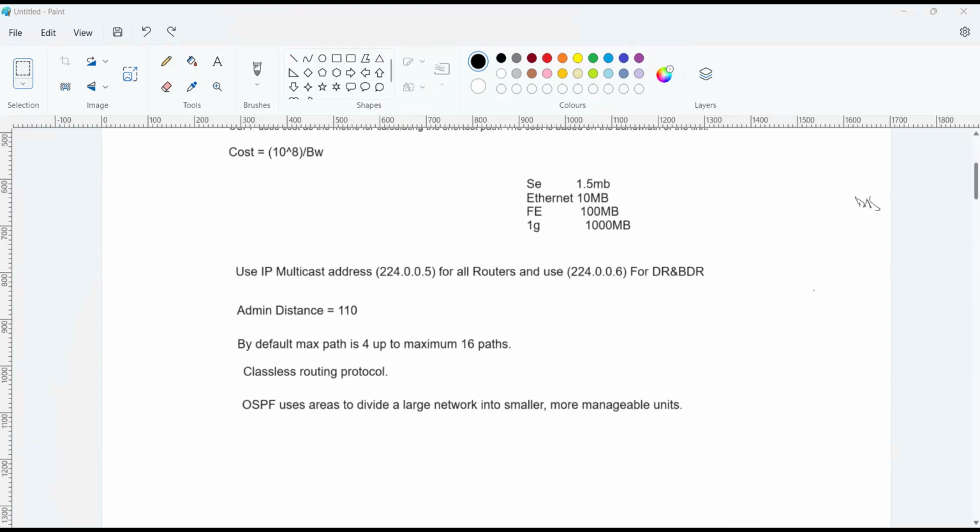OSPF routers exchange information about the network using link state advertisements. Each router sends out LSAs to inform other routers of its links and their states. What does that mean?